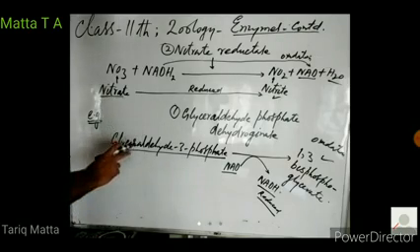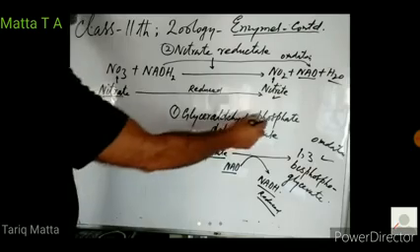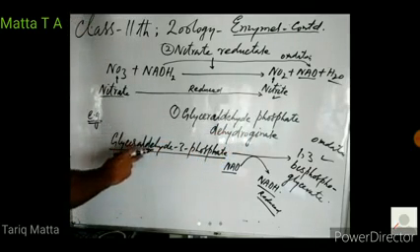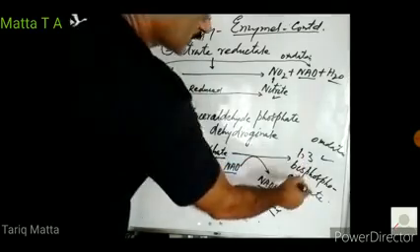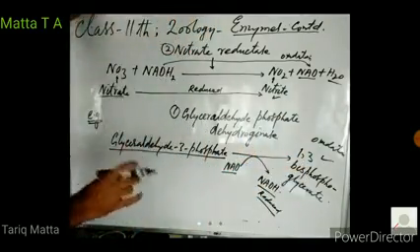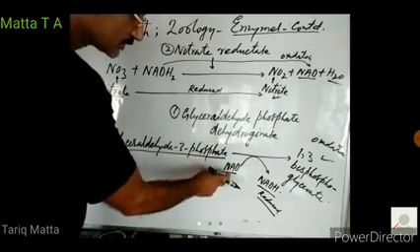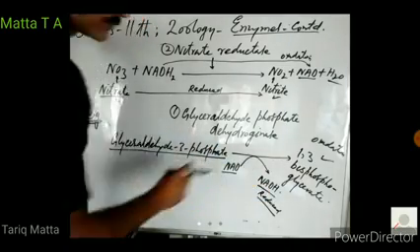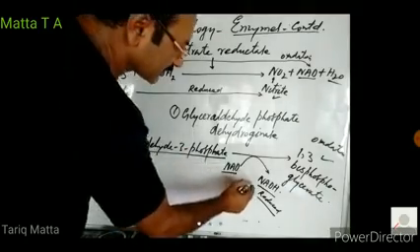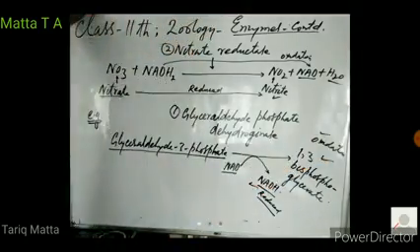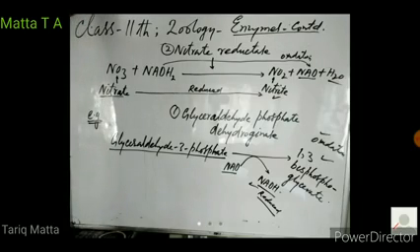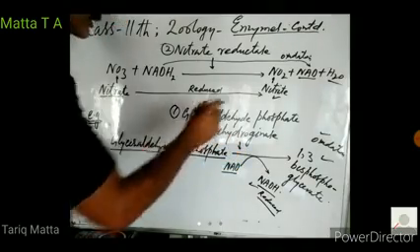In the first example, glyceraldehyde phosphate dehydrogenase oxidizes glyceraldehyde 3-phosphate to 1,3-bisphosphoglycerate, and simultaneously it reduces NAD to NADH2, right? So this part is the reduction reaction, this part is the oxidation reaction, right? So we call such enzymes oxidoreductases. So glyceraldehyde phosphate dehydrogenase is an oxidoreductase.